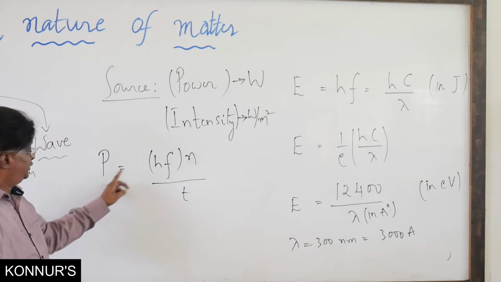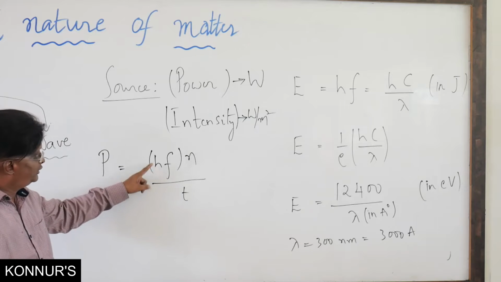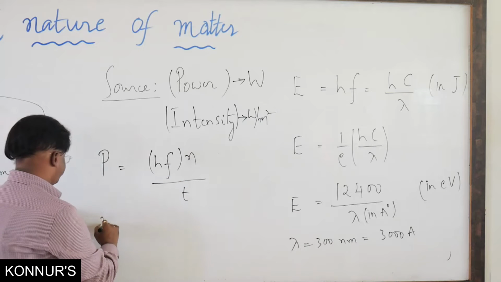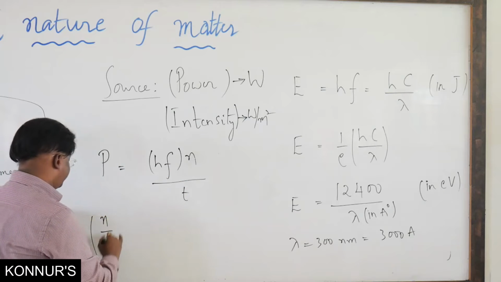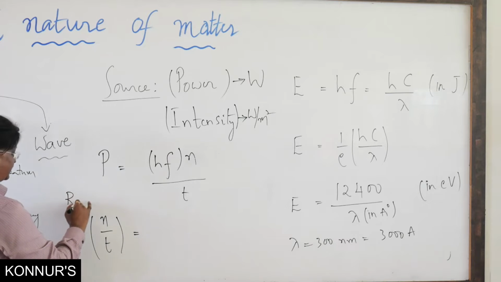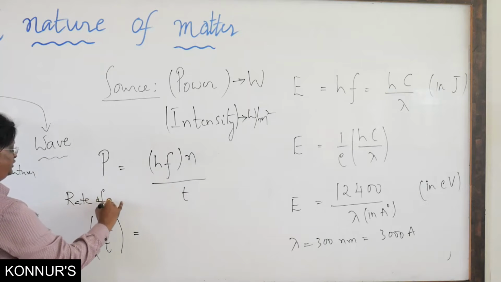So P is equal to the energy of each photon times n by t. This n by t is now what is written as the rate of emission. Is that okay? Important expression. This is the rate of emission of photons.